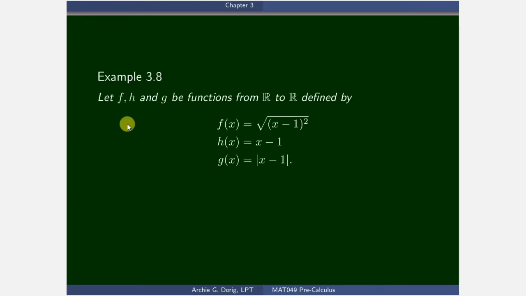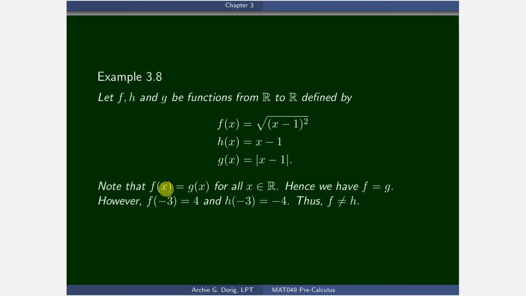Let f, h, and g be functions from real numbers to real numbers defined by f of x equals the square root of the quantity (x minus 1) squared, h of x equals x minus 1, and g of x equals the absolute value of x minus 1.